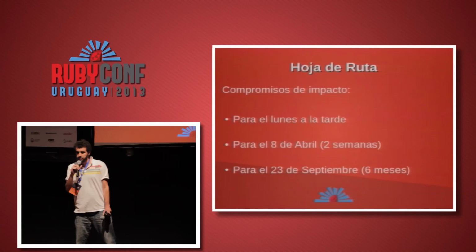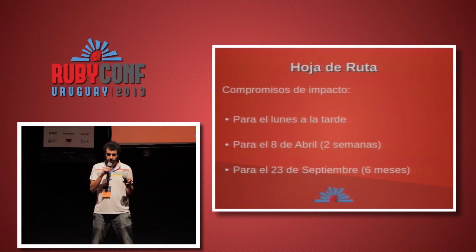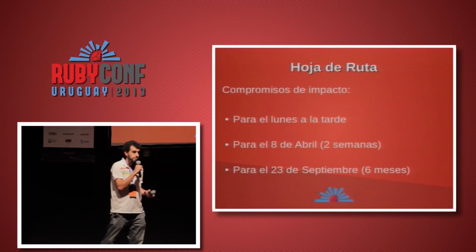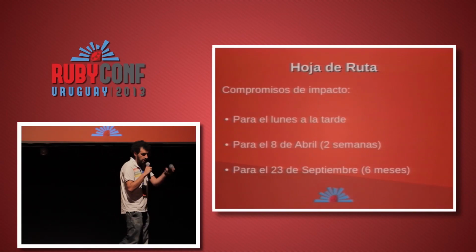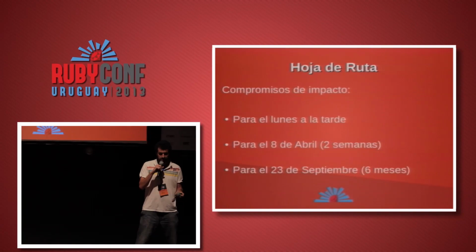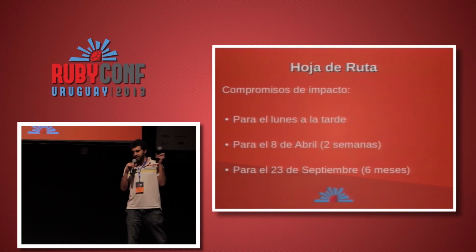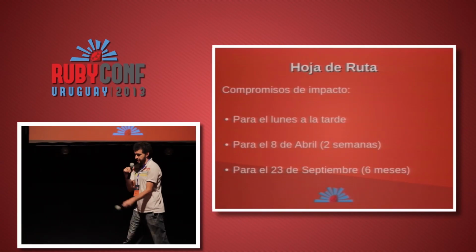And I want you to think of 3 changes, 3 very concrete actions that may have an impact on your world, in your work, in the way you develop Ruby, in the way you work at your company, whatever.